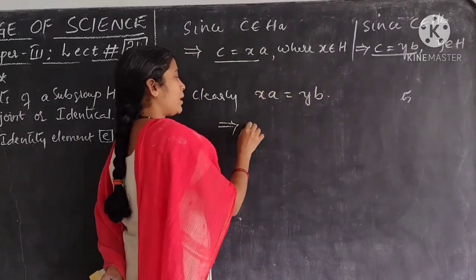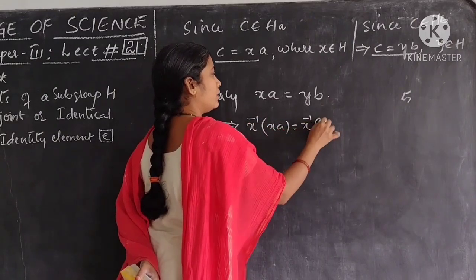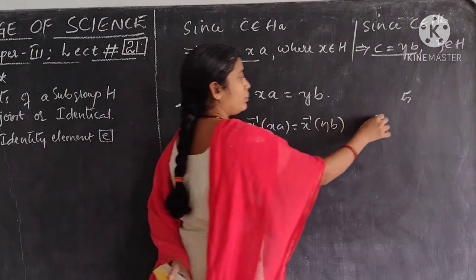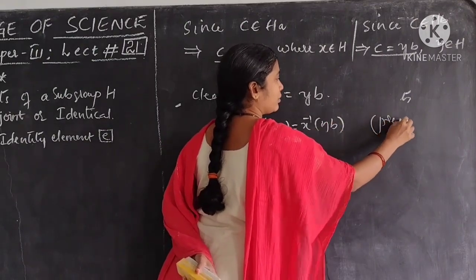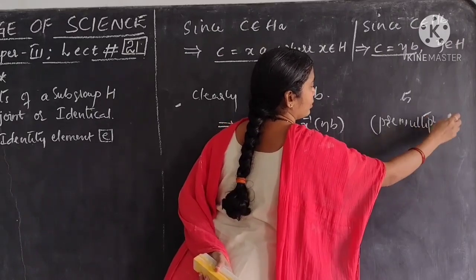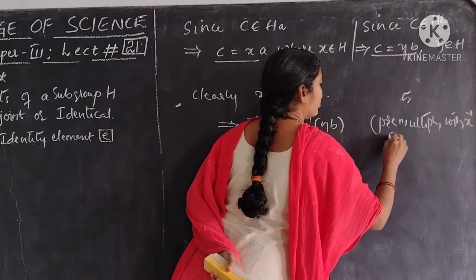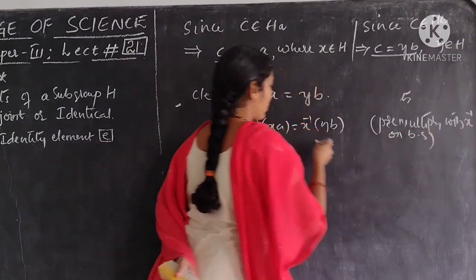Now, pre-multiplying with x inverse on both sides, what happens?